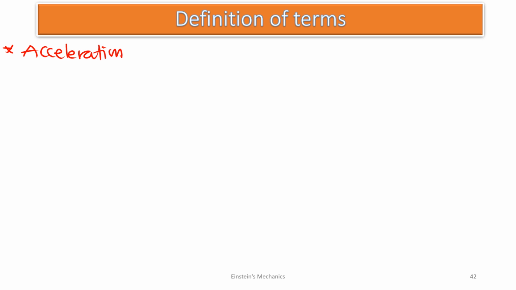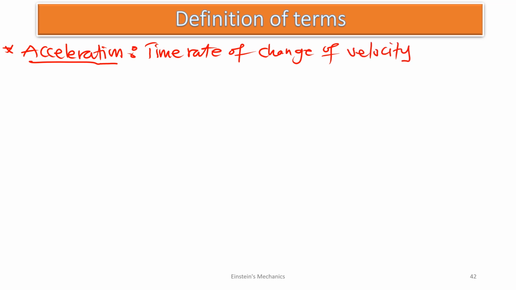So acceleration basically means it is also the time rate of change of the velocity. There we go. So when we cause a time rate change in the velocity, we are also getting the acceleration.